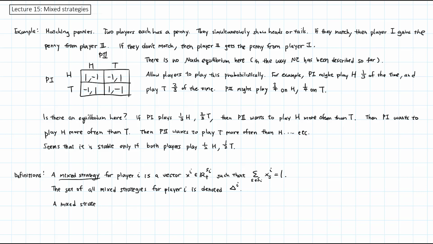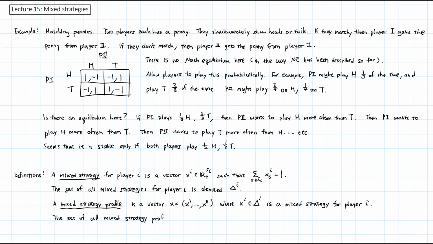A mixed strategy profile is a vector x with n entries, where each entry x_i is a mixed strategy for player i. The set of all mixed strategy profiles is denoted by Δ, which is the Cartesian product of Δ^1 to Δ^n. The mixed strategy profile with player i removed is x_-i, which is in Δ^-i.